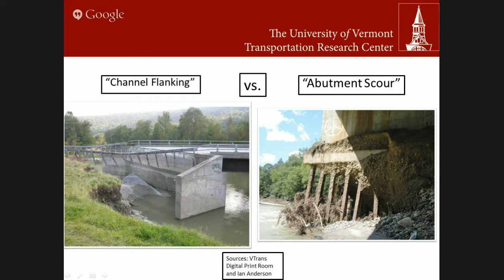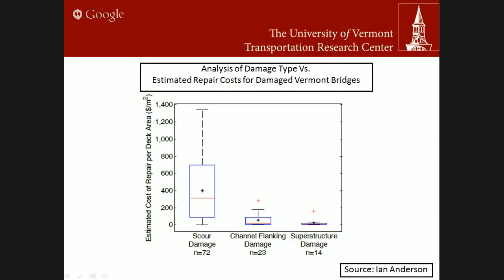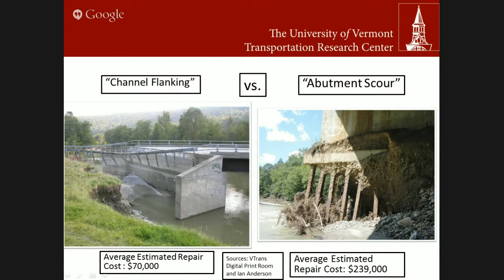And so this analysis was done by Ian Anderson at UVM, which found that scour damage, on average, when it comes to repairing the bridge per square meter of deck area, is more expensive to repair than channel flanking damage, especially because oftentimes scour damage can lead to bridge collapse, which is a major repair cost, as compared to channel flanking damage, where you just have to backfill in this area here and then pave it over again, re-armor it if you want to, and then the bridge is ready to be serviced once again.